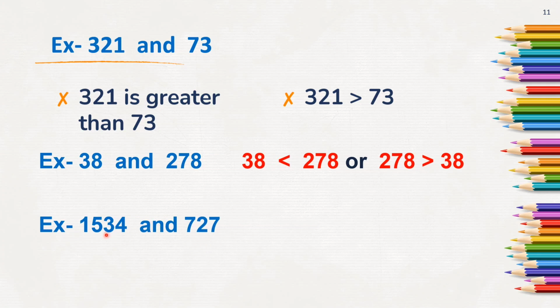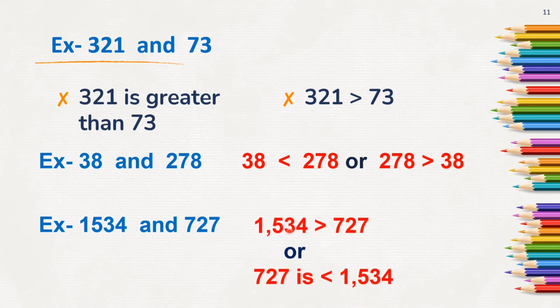So we can easily say 1534 is greater than 727 because 1534 is a 4-digit number and 727 is a 3-digit number. So we can say 1534 is greater than 727, or 727 is lesser than 1534.